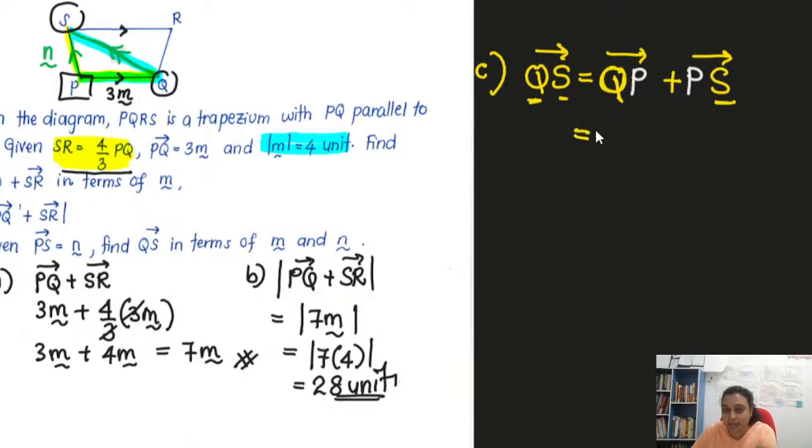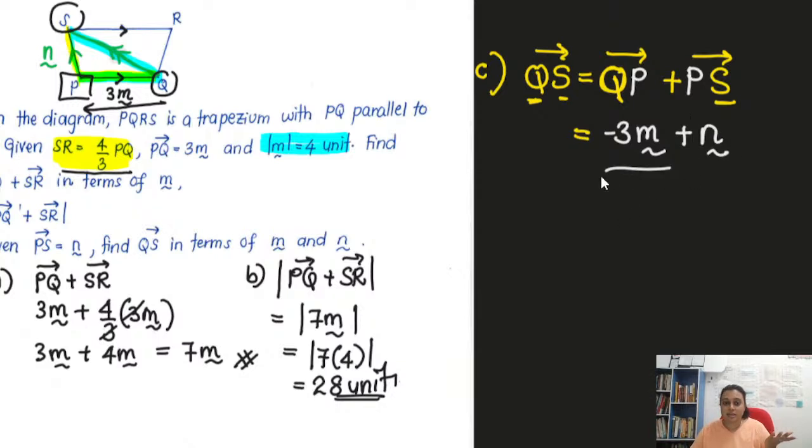Faham eh? Okay. QP. What is QP? Tengok ni. Ni ke sini. Negative 3M. Why negative, teacher? Because the direction is terbalik. Okay, PS. P to S is N.